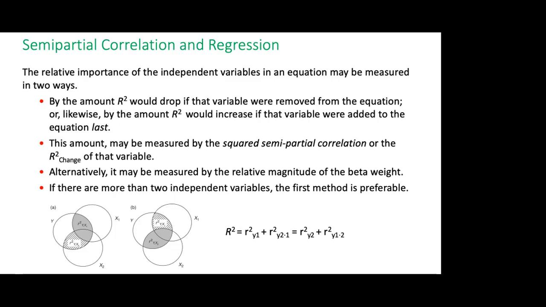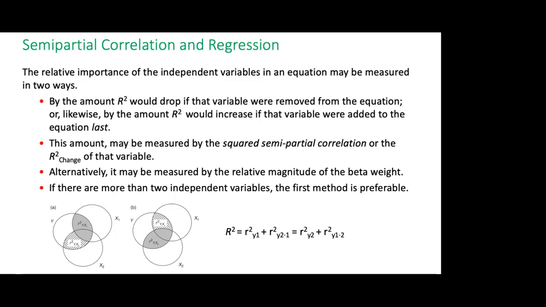That's very important. It has to be added last. It has to be added to everything that's already there, right? So what is the change in r squared that is contributed by this particular predictor? And this amount can be measured by the squared semi-partial correlation. That means the squared semi-partial correlation between a predictor and the outcome variable, controlling for the variance that this predictor shares with all other predictors.